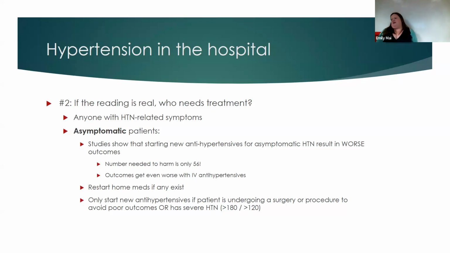But we see a lot of patients. We cross cover way more than 56. And I imagine we get calls for high blood pressure for sure more than 56 patients in a week at least. They haven't treated the pain, exactly. So lots of reasons we get called on this and might treat, and then could easily harm patients. And then if you use IV antihypertensives, the outcomes are even worse. Even if it's a one-time dose? Mhm.